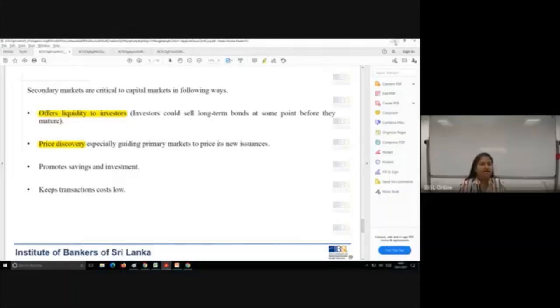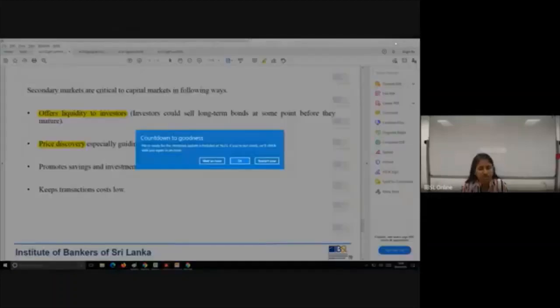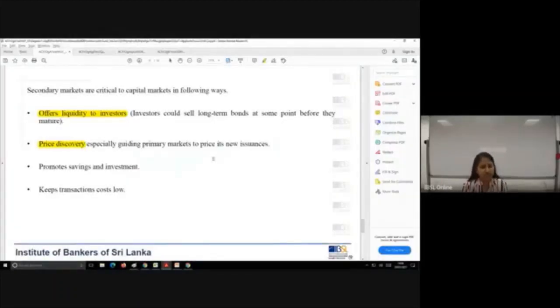Okay, and thirdly, secondary markets promote savings and investment. Because you have secondary markets available, individuals are encouraged to save and invest in the stock market or in the Colombo Stock Exchange. So they are able to benefit out of it. Okay, so to grasp the entire benefit, to be of a lucrative nature, secondary market is there to promote it.